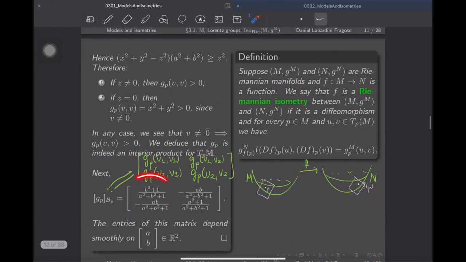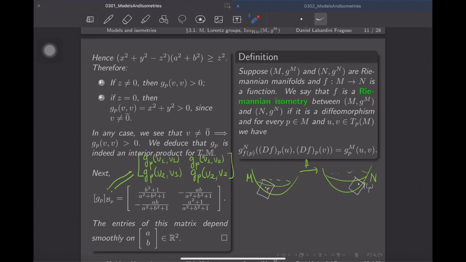And one sees that the entries of the associated matrix are smooth functions of A, B. And so this means that the matrix varies smoothly as I move P in the hyperboloid.